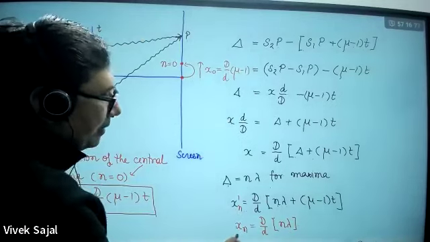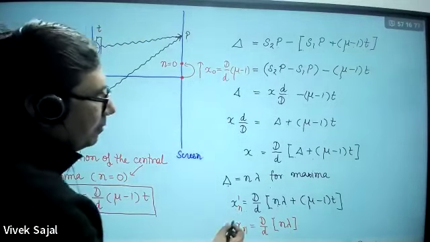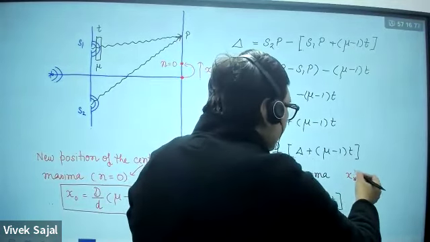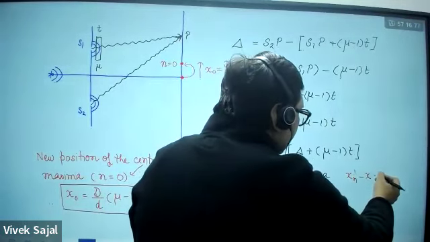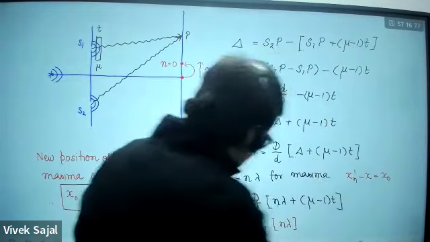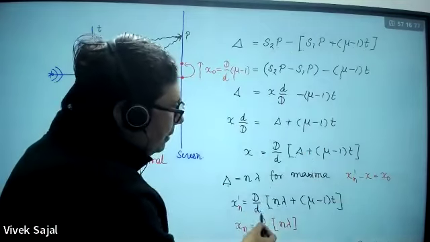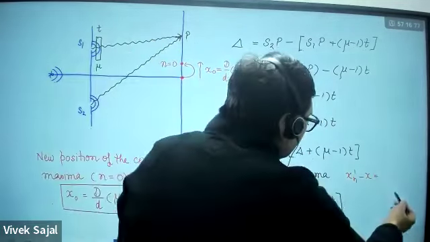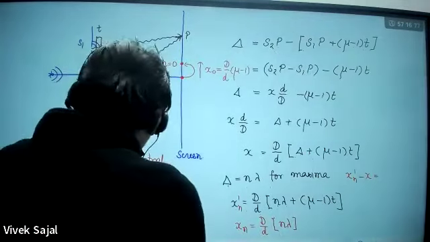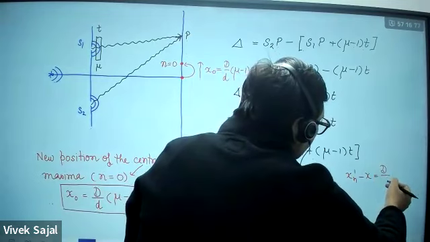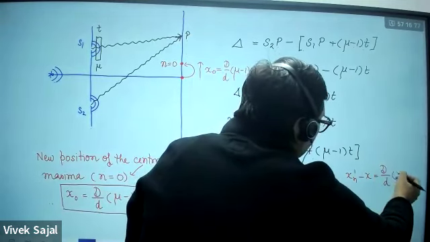If you take the difference of these two, xn prime minus xn, you will find it is again x naught. This will be again D by d, and this will be mu minus 1 into t.